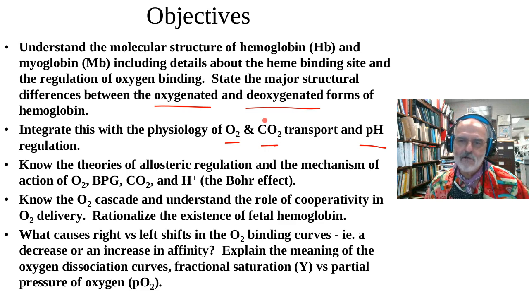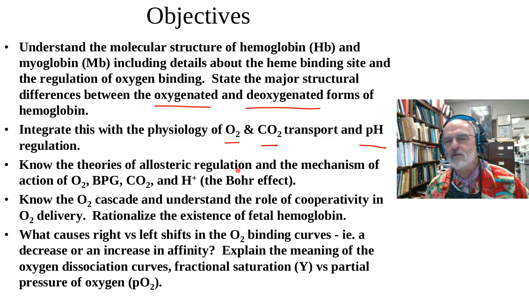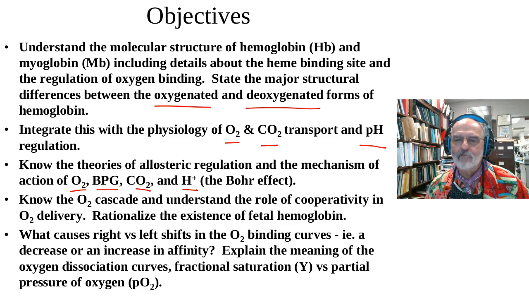introduction to pH, and introduction to arterial blood gases integrates with all of these topics. All right. We're going to discuss the mechanism of allosteric regulation. There are theories and there are practical things that we know about this. We know that there are ligands that regulate their own binding, and then we know ligands that regulate the binding of oxygen by inhibiting the binding of oxygen and affecting their own binding.